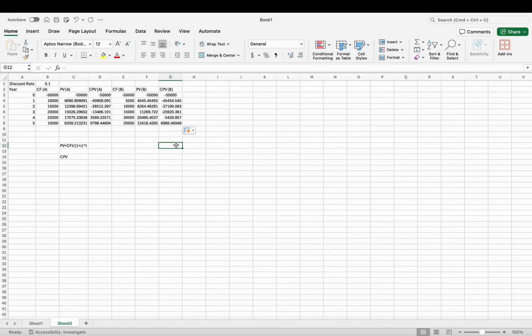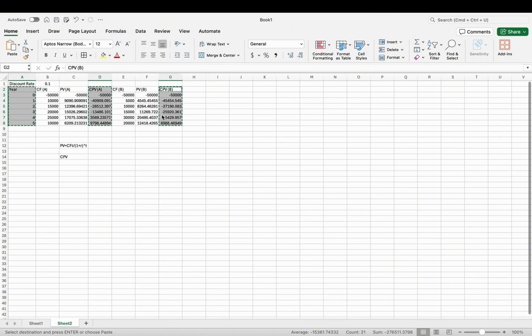So both projects add value, but project A generates a higher cumulative present value and reaches the break-even point earlier. So now let me copy the years and the CPV of project A and CPV of project B. On the MacBook, it's a little bit different.